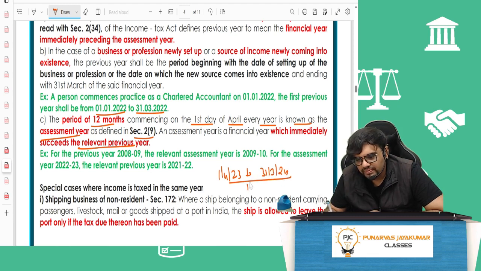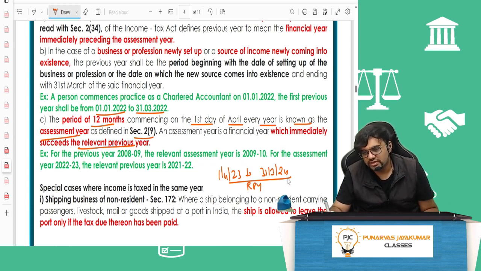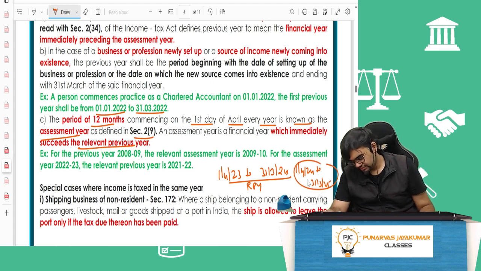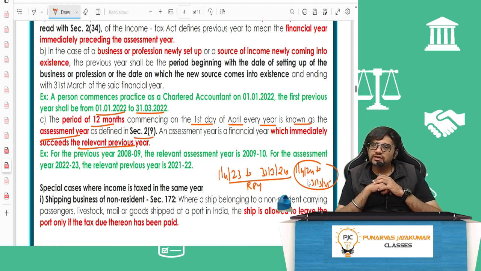That is the RPY, relevant previous year. And what is the assessment year? It immediately succeeds the relevant previous year, from 1st April 24 to 31st March 25. So for Finance Act 23, assessment year will be 24-25.